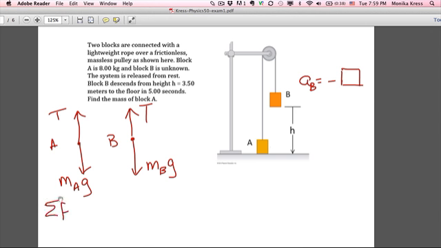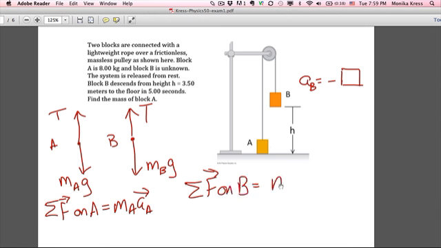What they mean is that the forces acting on A are equal to the mass of A times the acceleration of A, and the forces acting on B are going to equal the mass of B times the acceleration of B. Okay, this turns out to be an equation that looks like this.